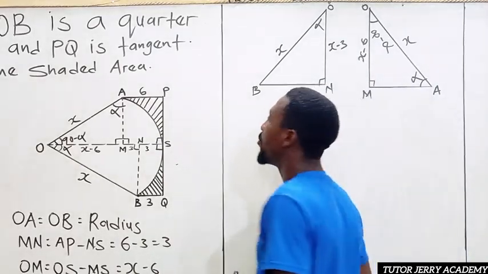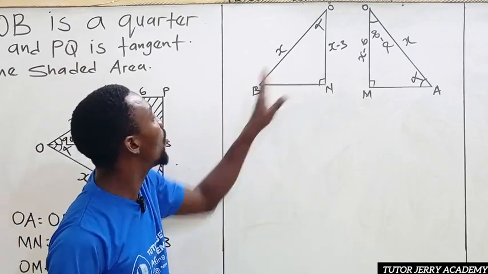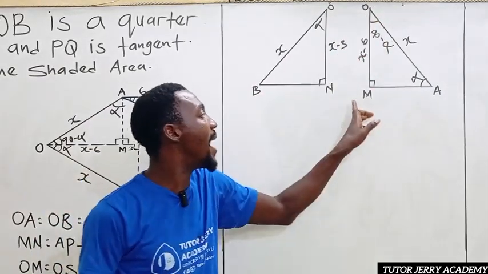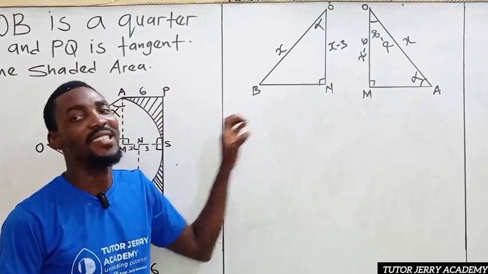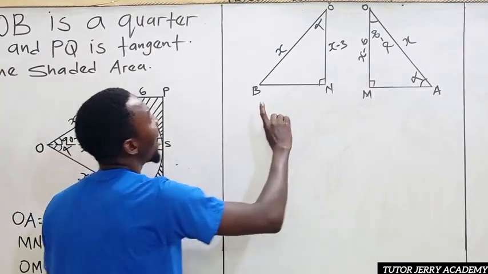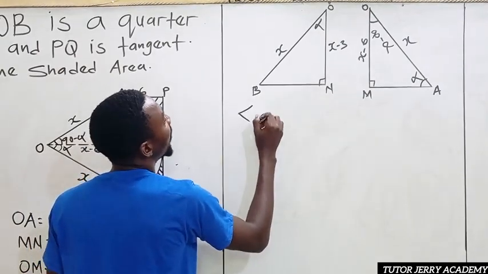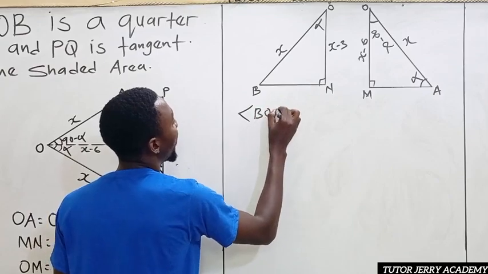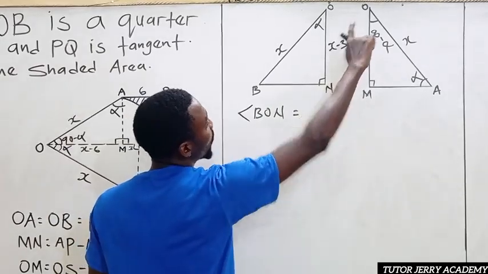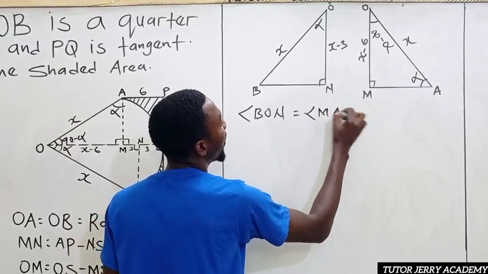All right. Now, if we take a look at triangle OBN and triangle OMA, you are going to see that they are similar. Is that clear? Why is it like that? Because we know that angle BON is equal to angle MAO.